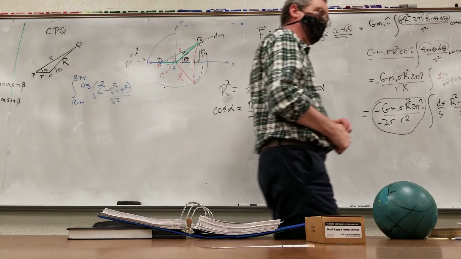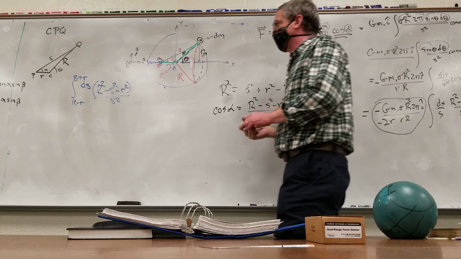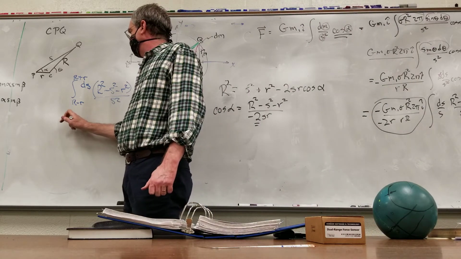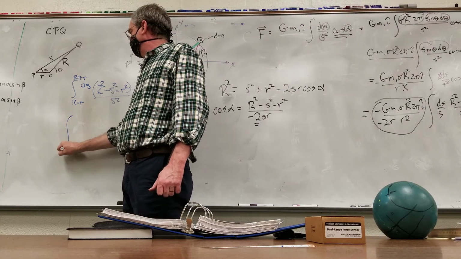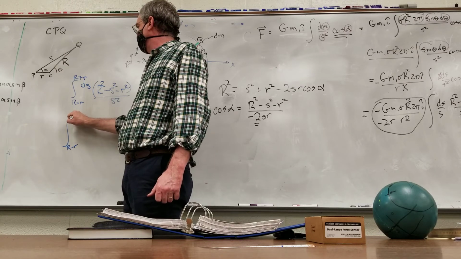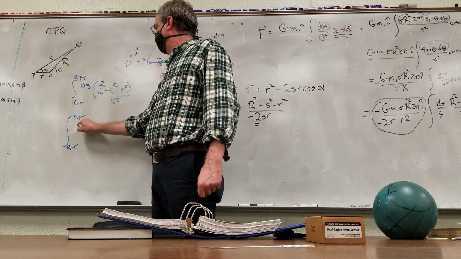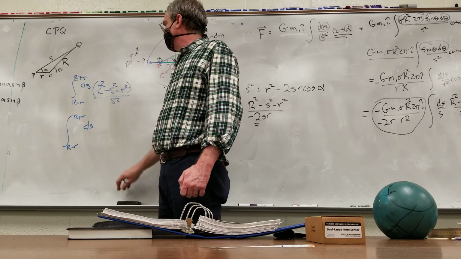We now have limits of integration. We got a problem we can do. So this becomes the integral from big R minus little r to big R plus little r of ds.